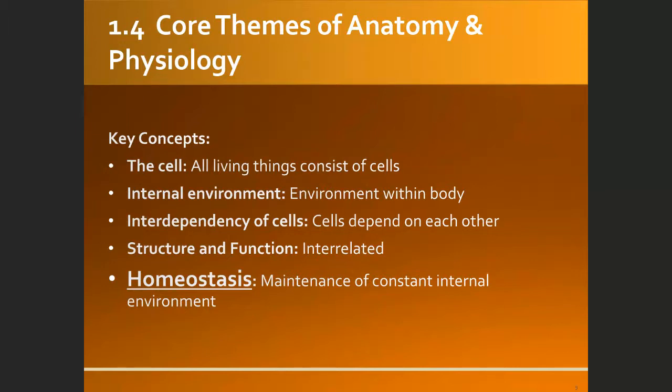So we're going to learn about cells, and also we're going to learn a little bit about the chemistry that makes up the cells, and then we're going to learn the normal internal environment or conditions of the human body, and then we're going to learn some structure and also function of different types of cells, and of course we're going to combine and discuss the structure and functions of each organ.